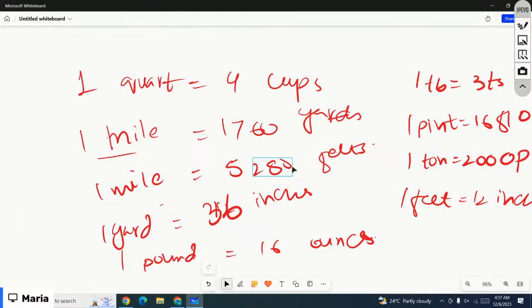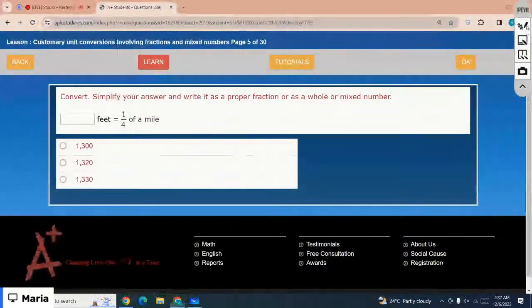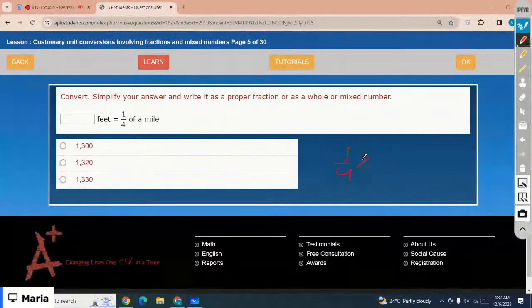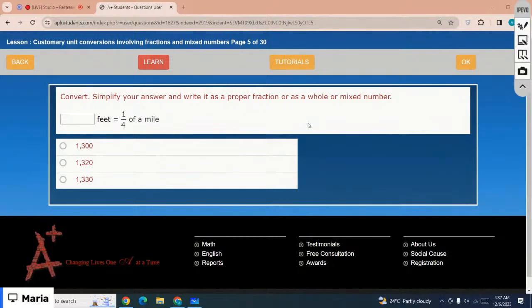So you have to do 1 by 4 times 5280. So 4 times 1 is 4, 4 times 3 is 12, 4 times 2 is 8 and 0, that is 1320. The correct option is 1320. Option number 2 is the correct option, right?